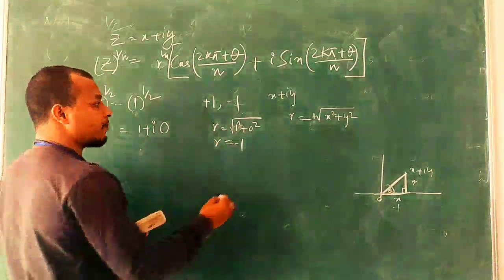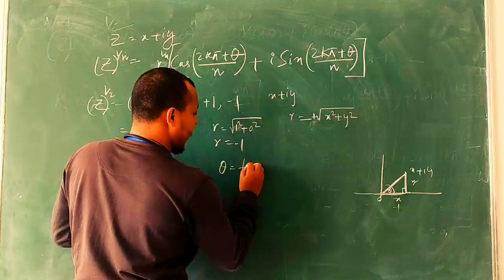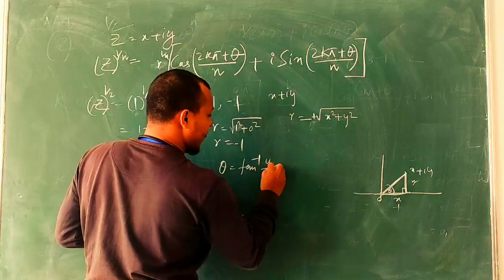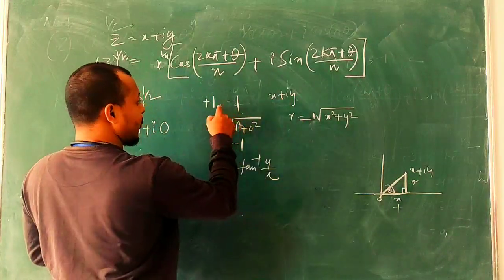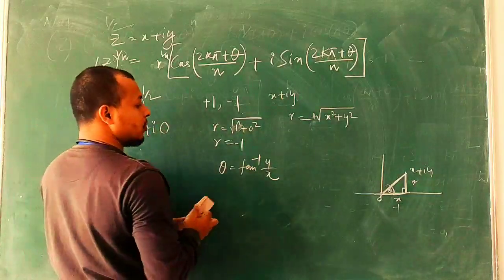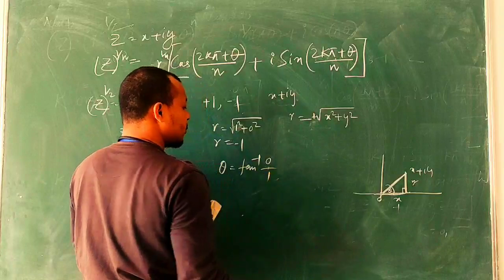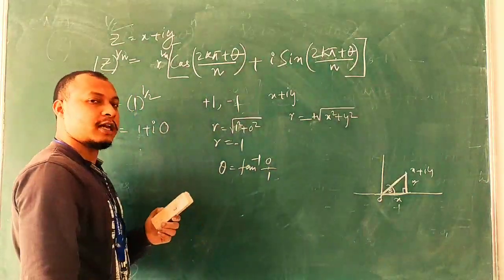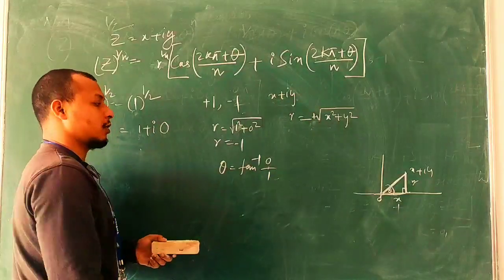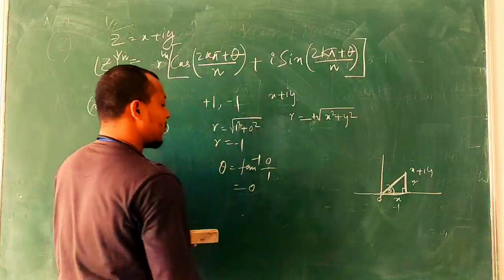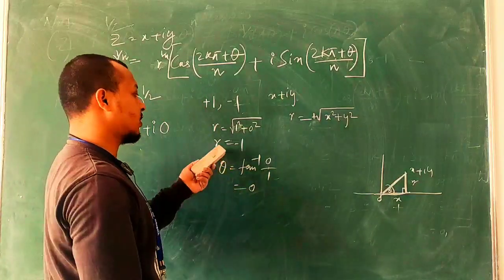So how to find theta? Theta is nothing but tan inverse of y by x. But y is equal to 0, x is equal to 1. So we are going to replace here 0 and this is 1. So tan inverse of 0 by 1 is equal to tan inverse of 0, and tan inverse of 0 is always 0. So our angle theta is equal to 0 and R is 1.